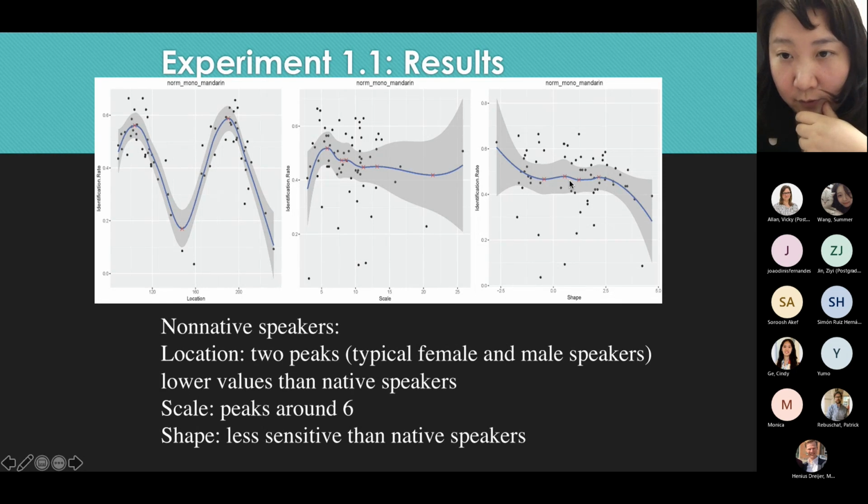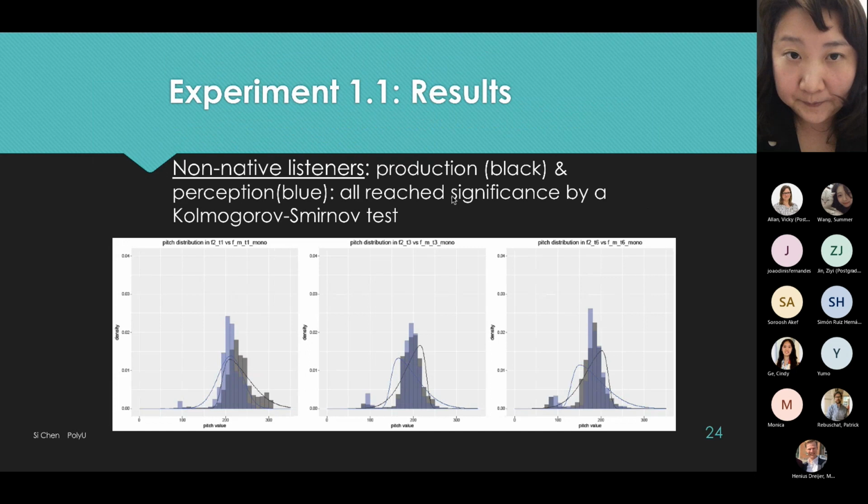For the shape parameters, it seems that it doesn't really show a big change in the curve. So the non-native speakers may not really have the whole picture of the probabilistic parametric representation. They might not be very sure what kind of values would be typical or not for some speakers in the speech community.